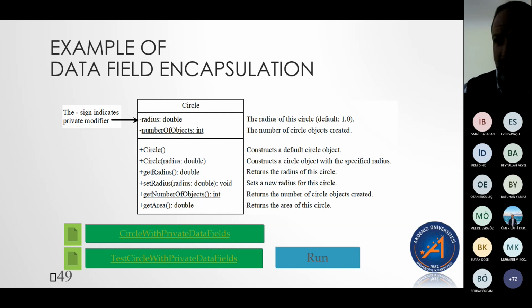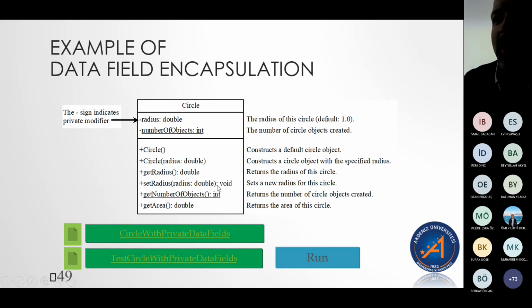Here the minus sign indicates a private modifier. So radius is private, but we use the method getRadius to return the radius value of the circle, and setRadius to give a new value for the radius.